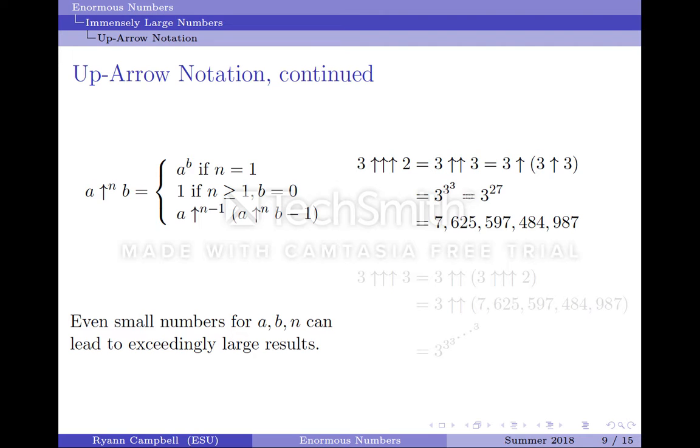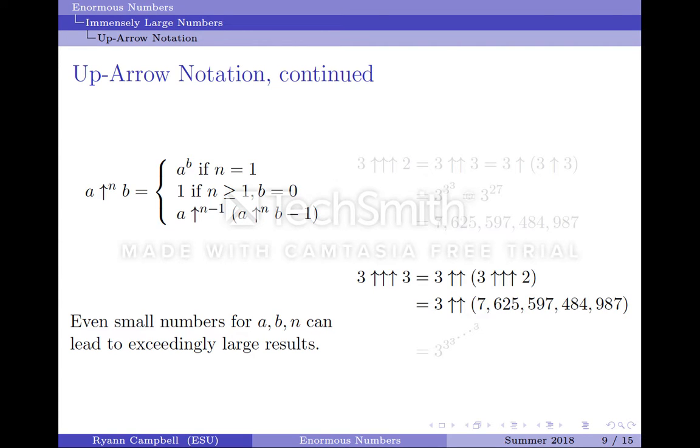Let's get an even bigger number in here. So we've got 3 up, up, up, 3. Using rule 3, we get 3 up, up, 3 up, up, up, 2. And we just calculated 3 up, up, up, 2 as that 7.6 trillion. So just like in the last example on the previous slide, once we cascade this effect, we end up with 7.6 trillion 3s, all in a power tower.